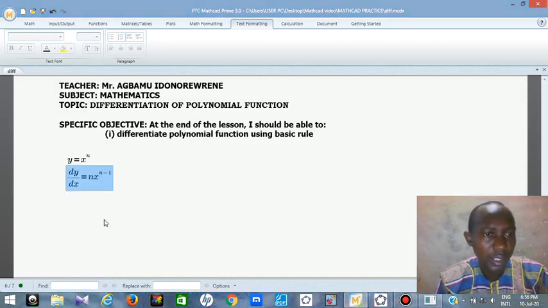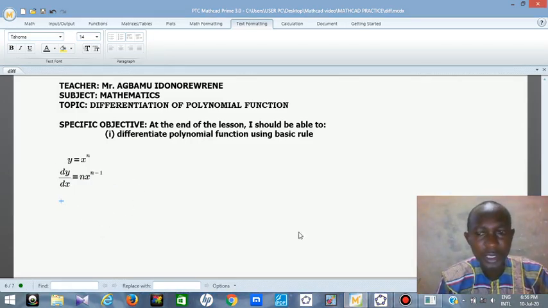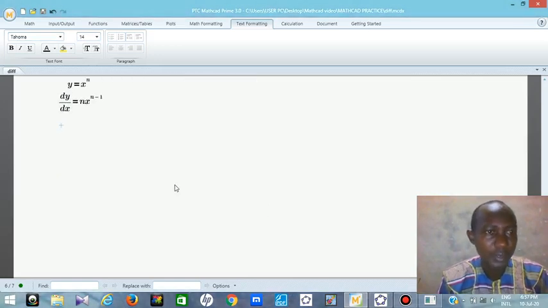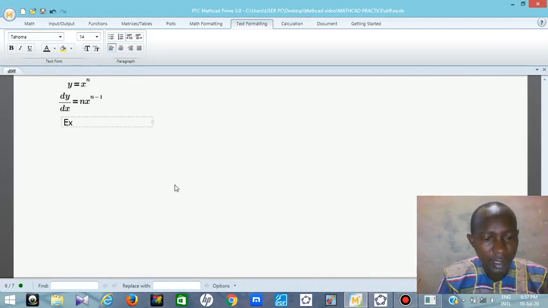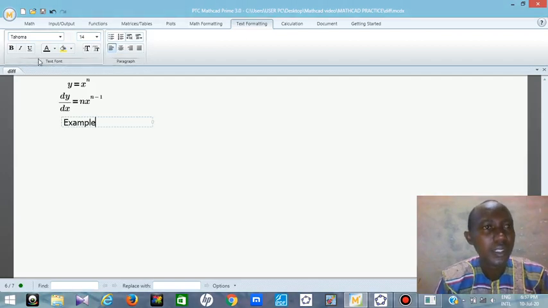By the time you understand this, you can use it to solve so many questions. So let's go straight to the point now and start with an example.